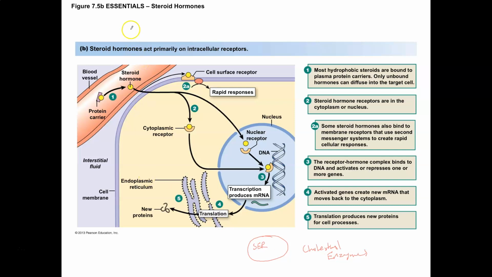So in this diagram, we have a steroid hormone in yellow. It's circulating in the bloodstream. But because they are lipophilic in nature, meaning that steroids are fat-loving, they're not going to circulate in the blood without assistance. So because of the lipophilic nature of steroids, you're going to produce them on demand.